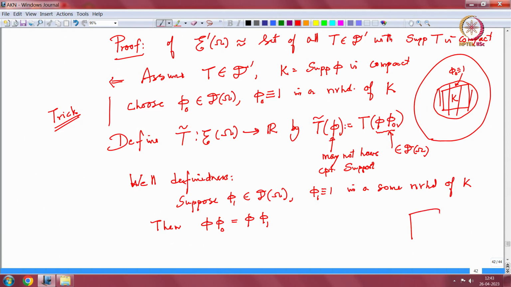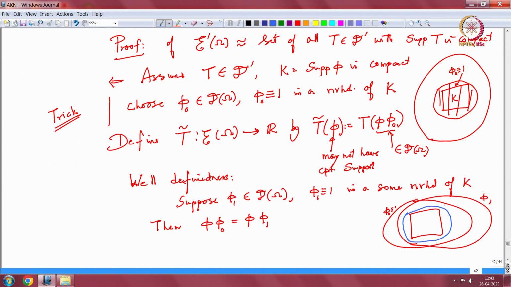If you have a K, phi naught may be identically 1 here, and phi 1 may be identically 1 in some other neighborhood, but still you get a common neighborhood. Here phi naught will be the same as phi 1, that is the same as phi, in some suitable neighborhood of K.